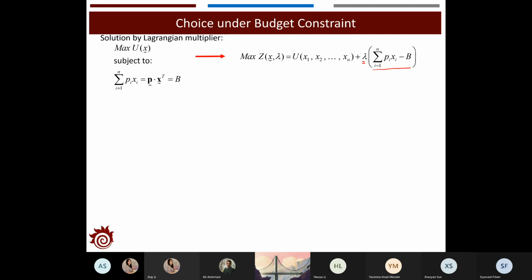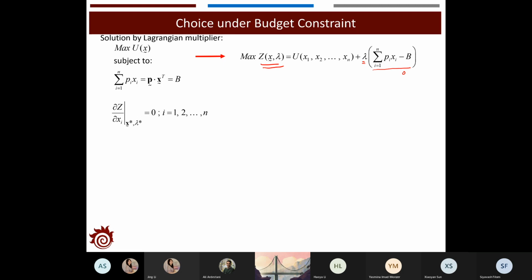In this case, for the ideal situation, at the optimal situation, this content should be 0, so there's no difference for you to find out the maximum value of the utility. And then to find out the maximization of z(x, lambda), lambda here is the Lagrangian multiplier, and x represents the consumption for the n products x1, x2 to xn.